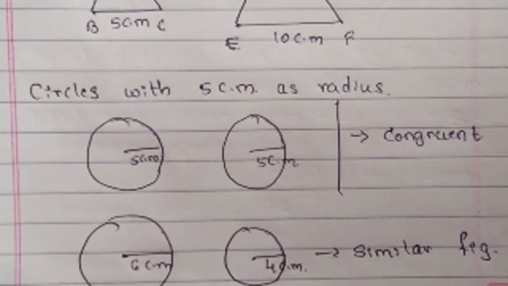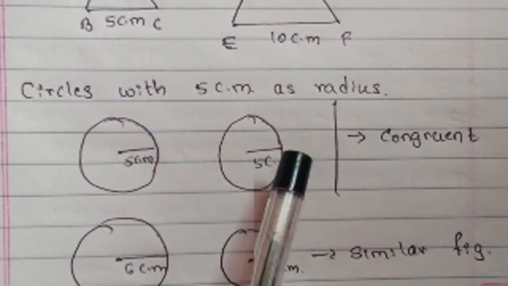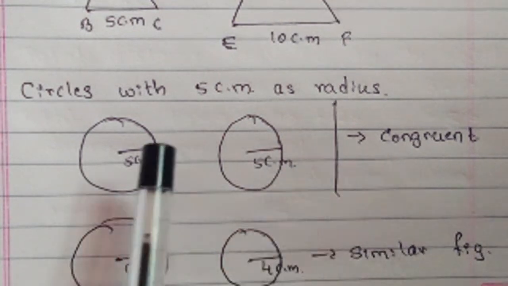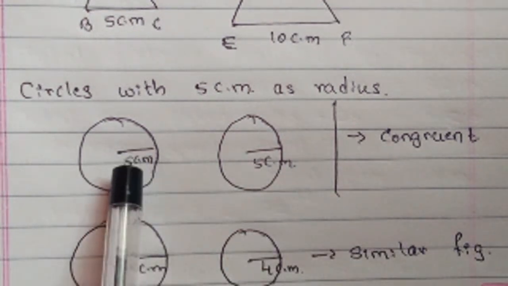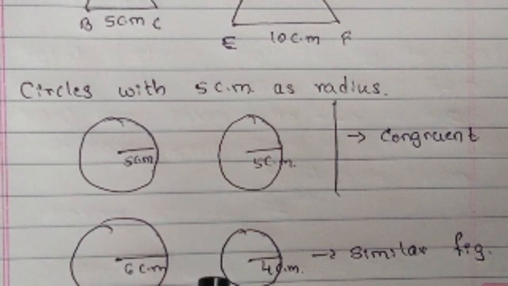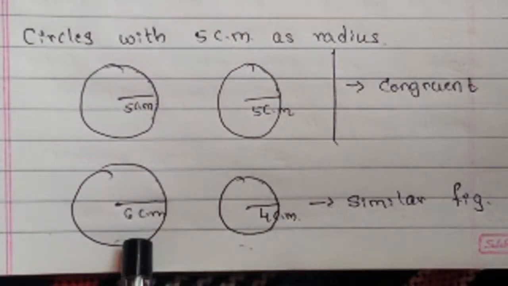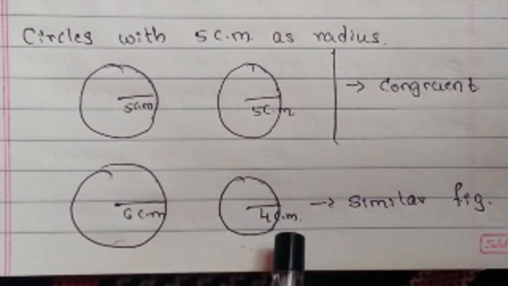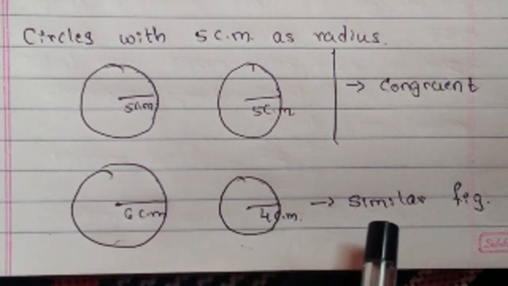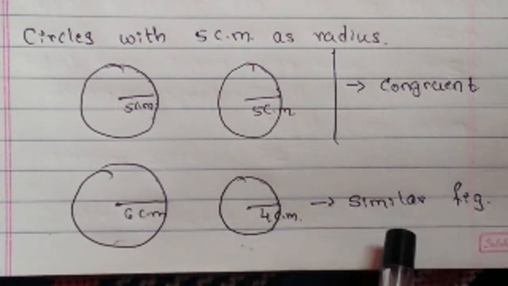Okay, in the first case the two circles are congruent because both circles have 5 centimeter as radius. In the second case, the first circle has 6 centimeter as radius and the second circle has 4 centimeter as radius. Therefore I consider this under similar figures.